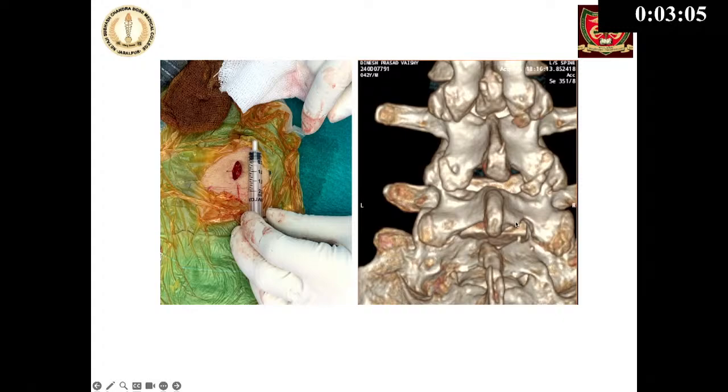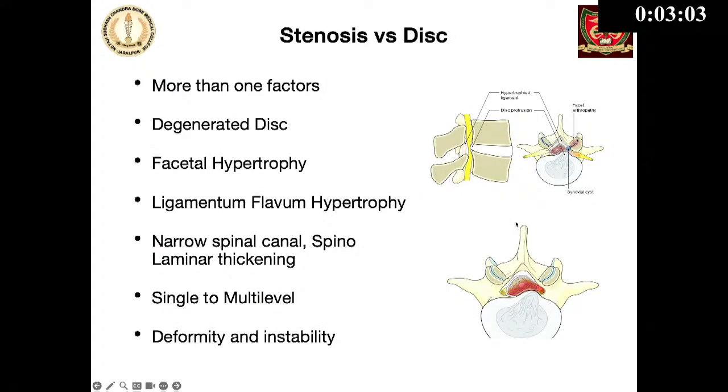Take out the disc. This is another with the smallest port. You can see a very small amount of bony work has been done here to remove the disc.